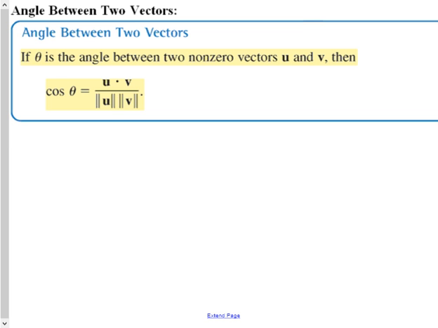Now, using your calculator, if we find the dot product, we find the magnitude of square root of 26 here, the magnitude over here is square root of 50. Even though the square root of 50 can be simplified, we are doing cosine inverse of these.